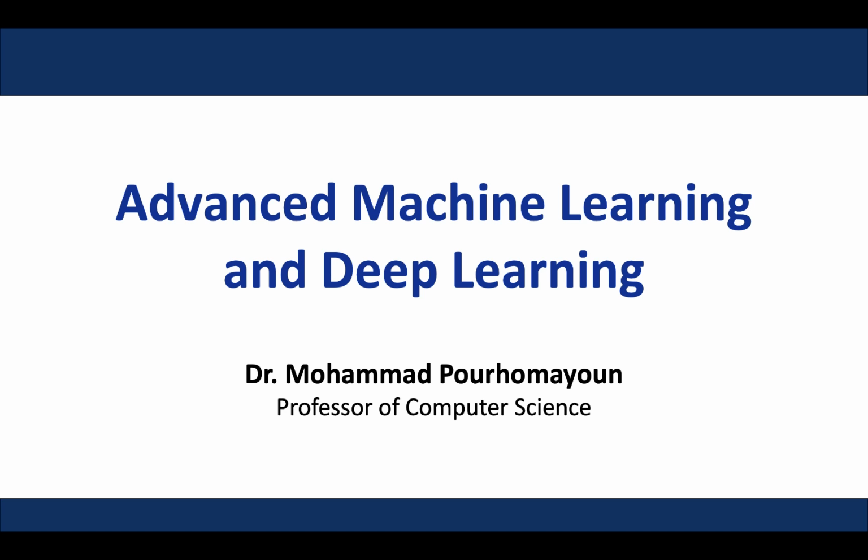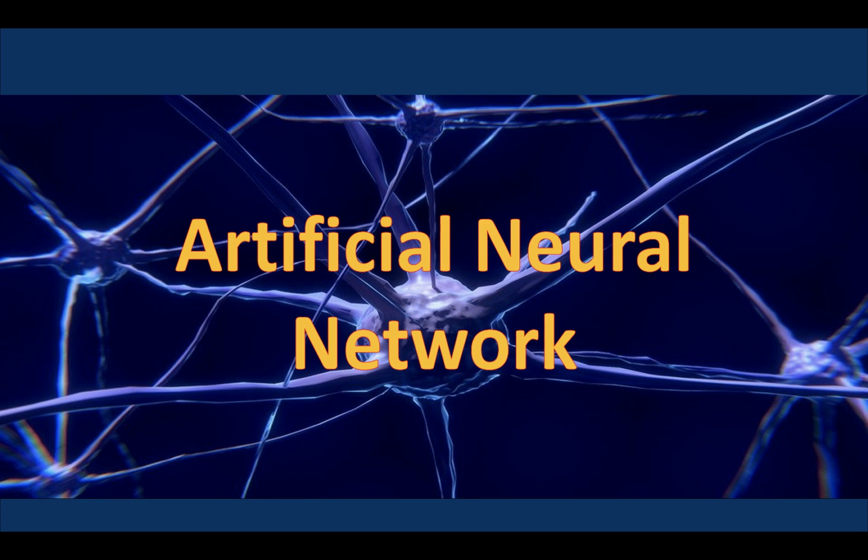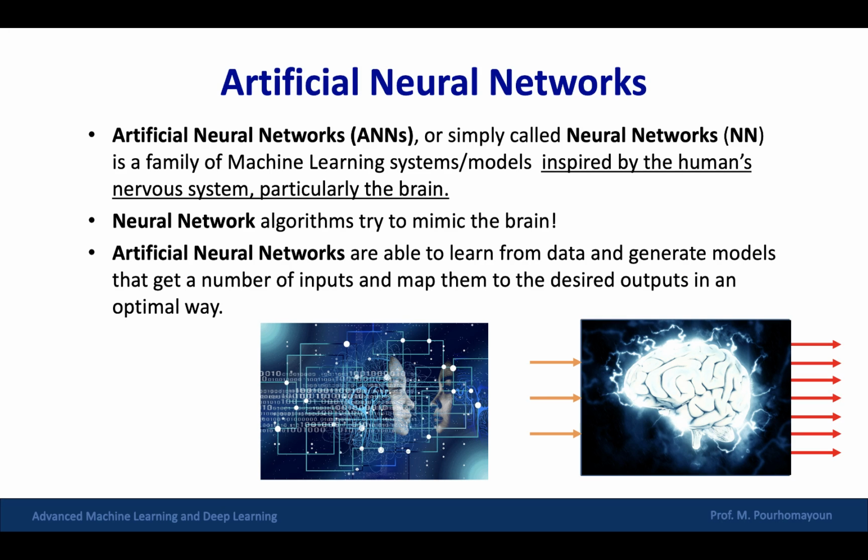In this video, we will continue the important and interesting topic of artificial neural networks, one of the most important topics, methods and algorithms in data science, machine learning and AI. Last time we had a brief introduction to artificial neural networks, also known as neural networks.